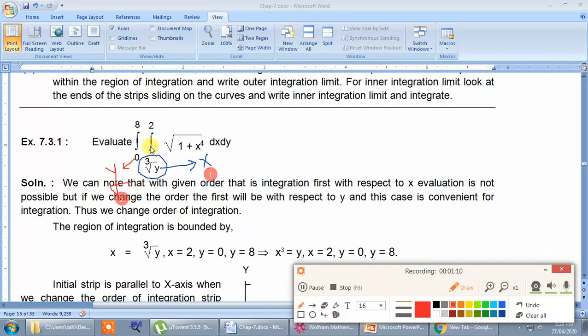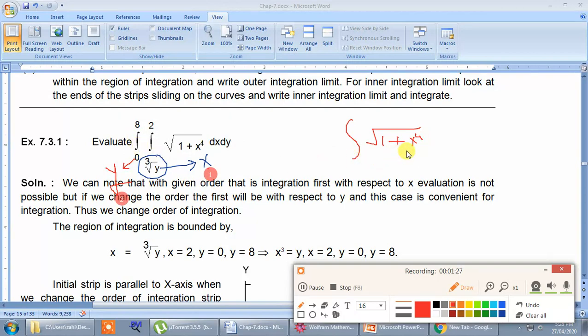So if you want to evaluate with respect to x, what is the integrand? It is the square root of 1 plus x raised to 4. I am taking the inner integration only; let us see the outer integration later on.